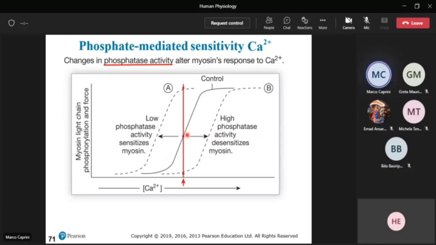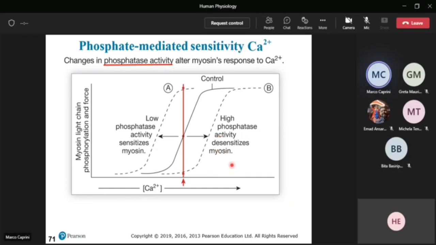But at the same time, as the myosin light chain kinase becomes less active, the myosin light chain phosphatase dephosphorylates the myosin, and the myosin ATPase activity decreases and the muscle relaxes. Okay, it's a multiple step process. The decrease of calcium, but also the high activity of phosphatase.